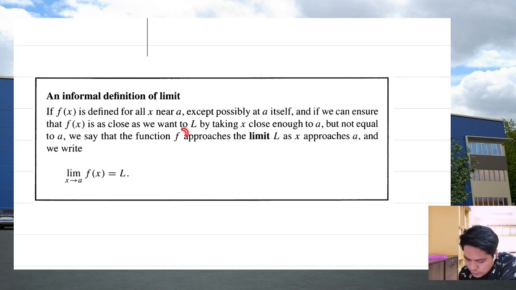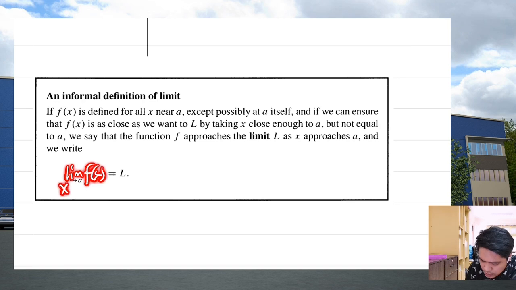The function f of x equals x squared minus 1 over x minus 1 approaches the limit 2, right? Because earlier on the calculator, it got closer and closer to 2 as x got closer and closer to 1, as x approaches 1. And we write this. Okay? So therefore, the limit of f of x as x approaches 1, for the example earlier, the result is 2. So generally, we have this.